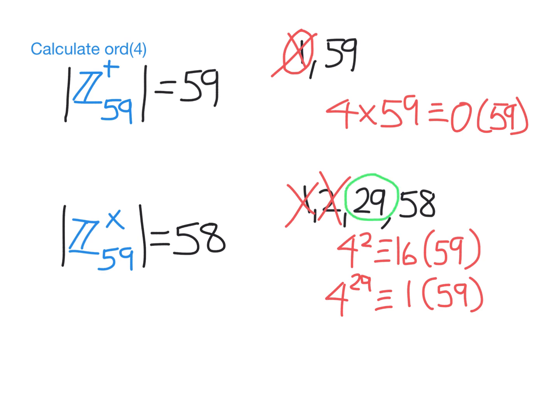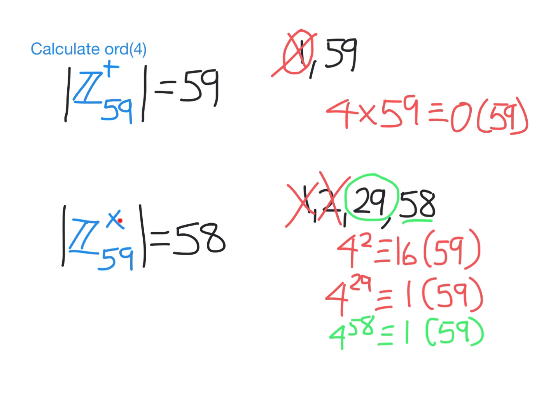Now note here that 58 might seem like the order because 4 to the power of 58 also is equivalent to 1 in mod 59. But as I wrote on the previous slide, the order is the lowest possible number.